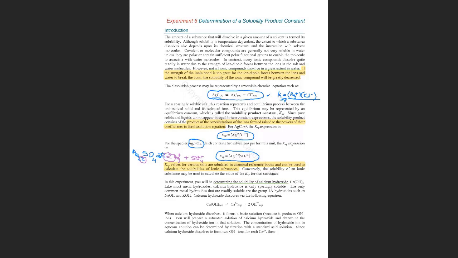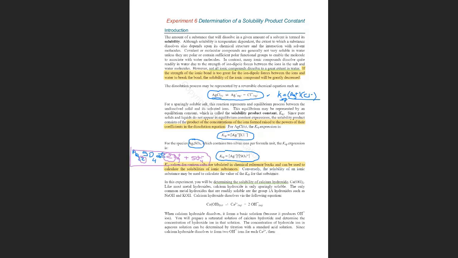That's why here we raise silver to the second power, and sulfate is 1. So that's why this is the expression. In order to write the Ksp of any salt, first you need to write the equilibrium chemical reaction, and then you can write the expression. Any questions there?